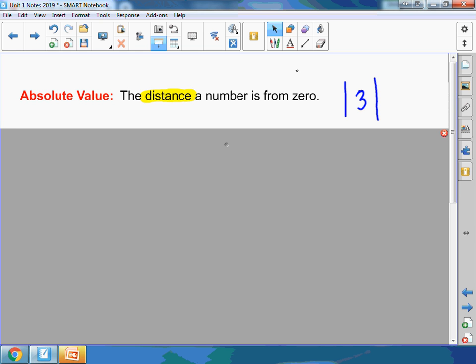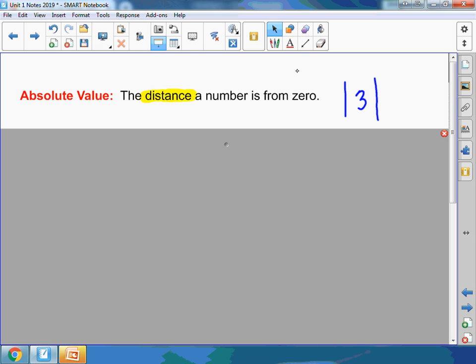What do you know about distance in terms of how you measure it, or the result of measuring distance? What type of number will you or should you always get? All right, I limited it to you by saying it that way.